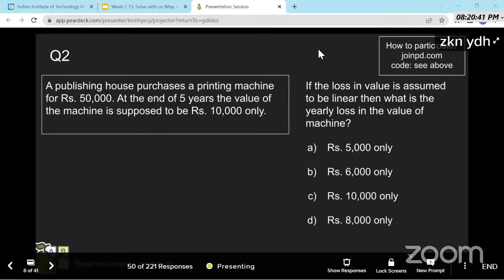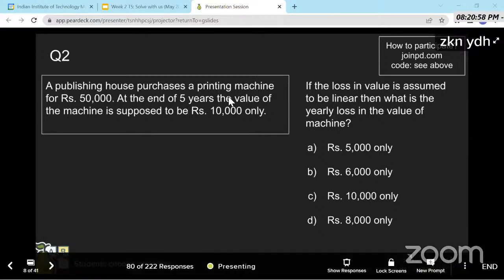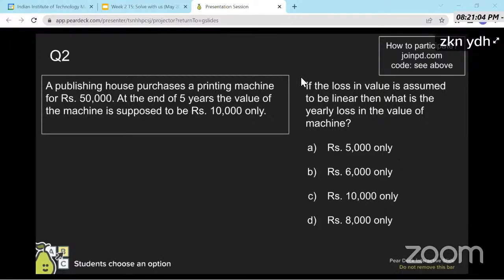So try to solve this. I got already 50 responses. So I think these are kind of very easy questions, right? Yes, sir. Week 2 is like that. The only thing is that having a little problem in week 3. Your problem will start not even in week 3 but week 4, and there will be a lot of questions from week 4.